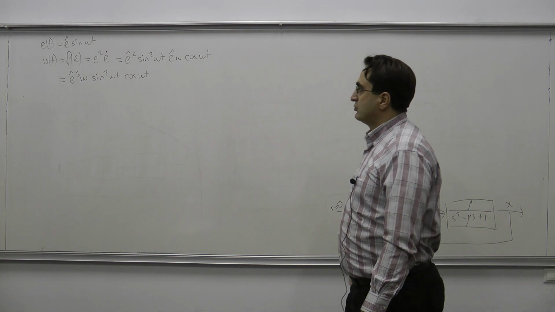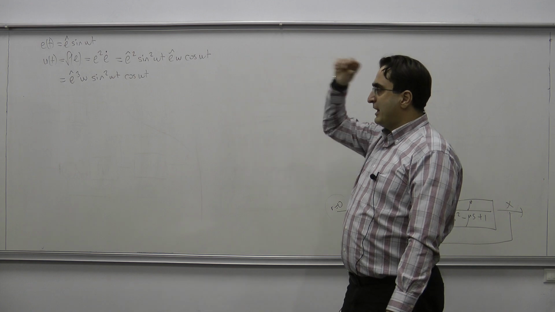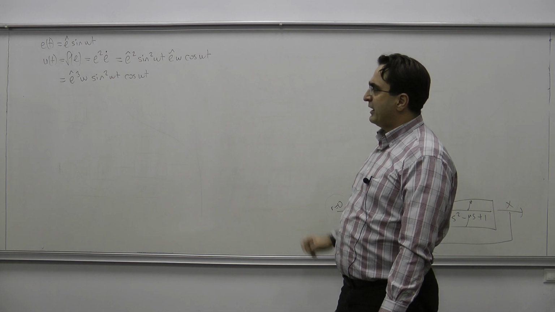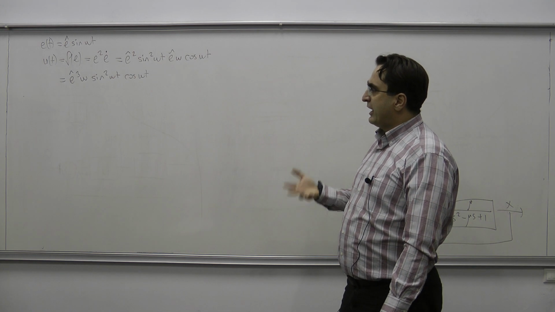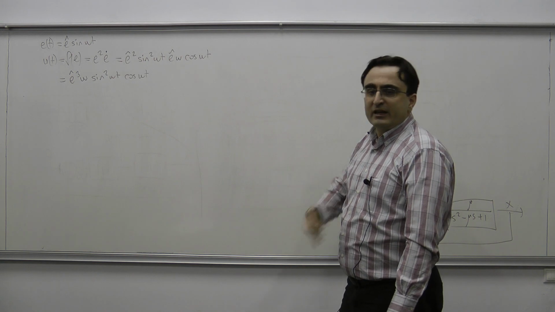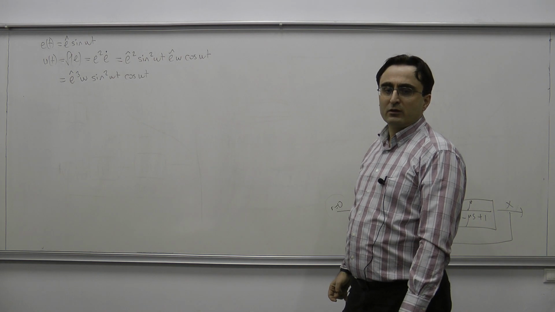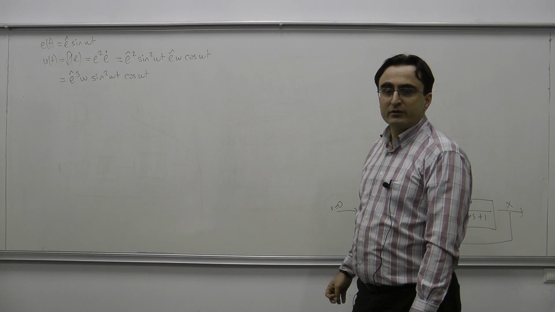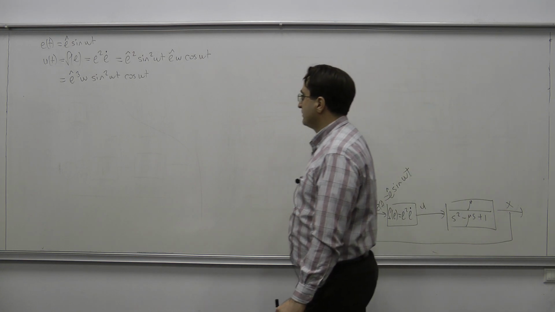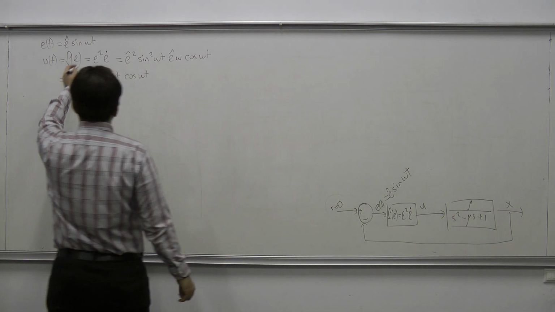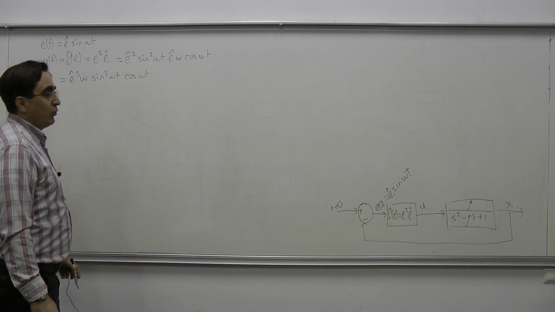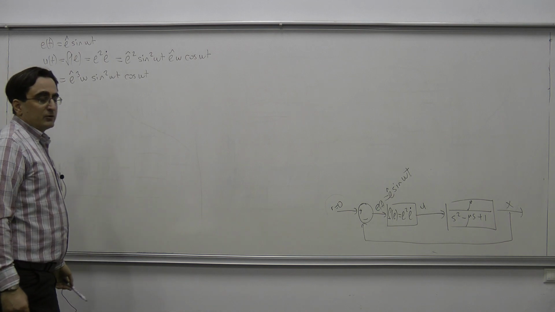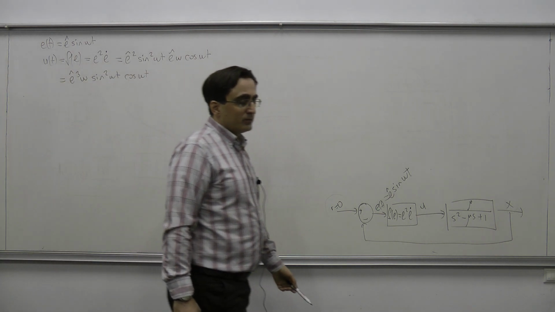That is what I would like to do here. I would like to expand this into its Fourier series expansion, and what I'm going to do later is that I'm going to neglect all of the higher order harmonics here. So that is how linearization in frequency domain would be done. So here I can use Fourier series expansion formulas, and that is what we're going to do in the later parts of this course.